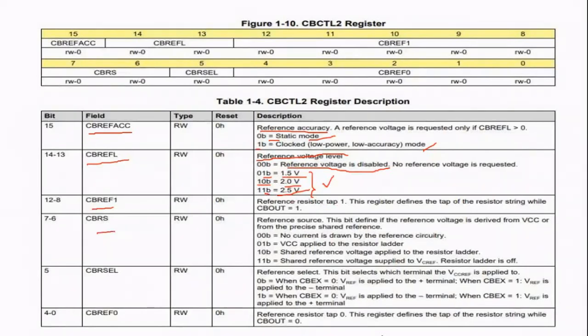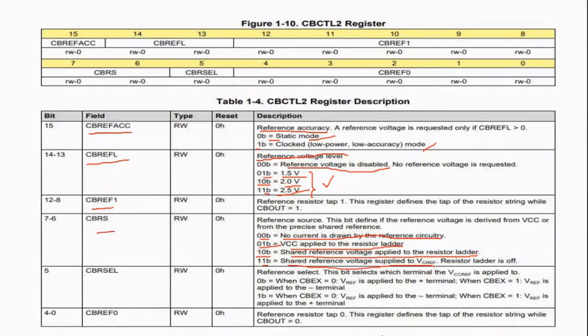CBRS, already I told you, reference source, high difference source voltage you can get. If it is 00, no current is drawn by the reference circuitry. 01, VCC applied to the resistor ladder. 10, shared reference voltage applied to the resistor ladder. 11, shared reference voltage applied to the resistor ladder is off.